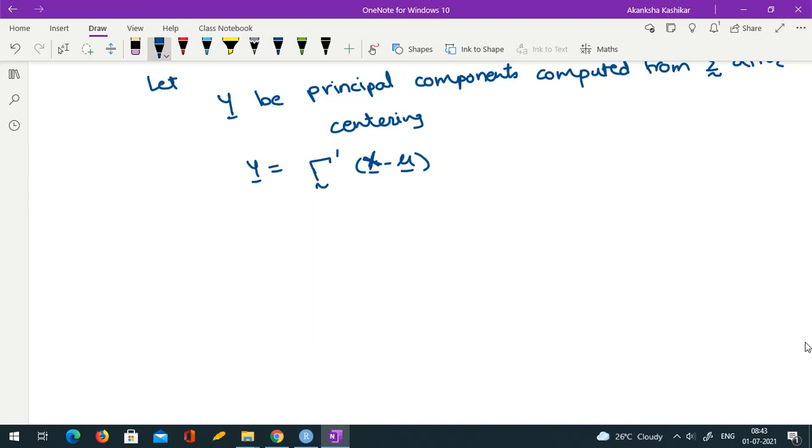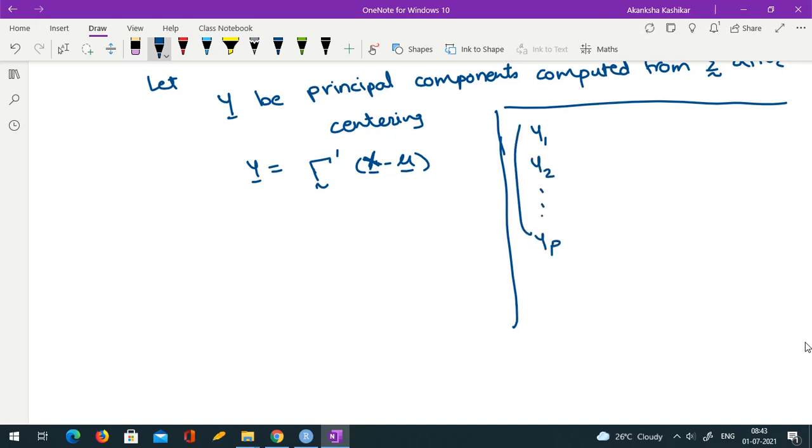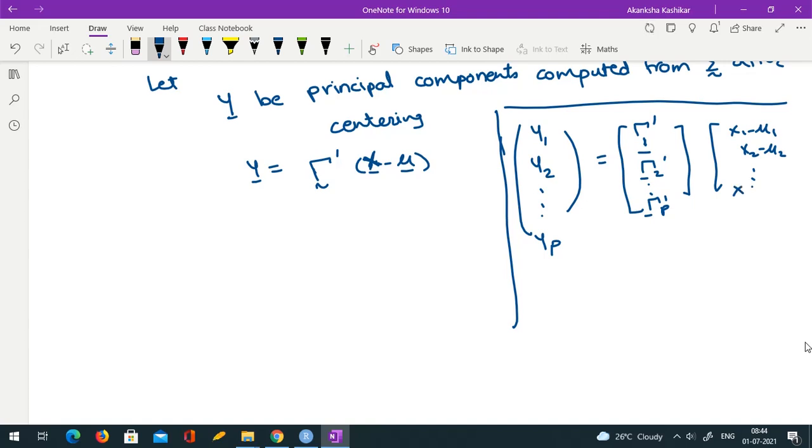Okay, maybe I can simplify, just to verify what we are doing is correct. So I have y1, y2, up to yp, because we get p PCs, and gamma prime would be gamma 1 prime, so this is the first eigenvector, gamma 2 prime up to gamma p prime, and then we have x1 minus mu1, x2 minus mu2 up to xp minus mu p.